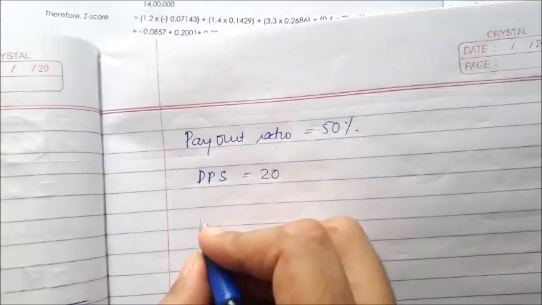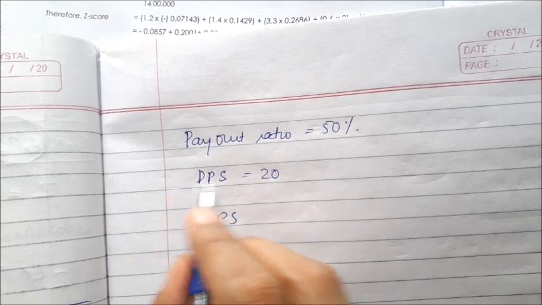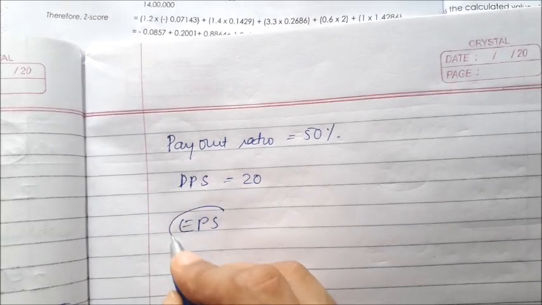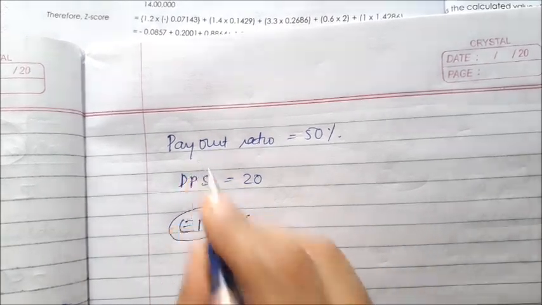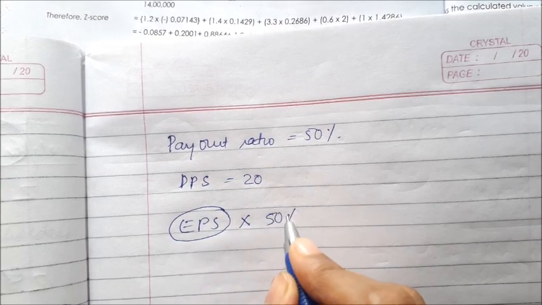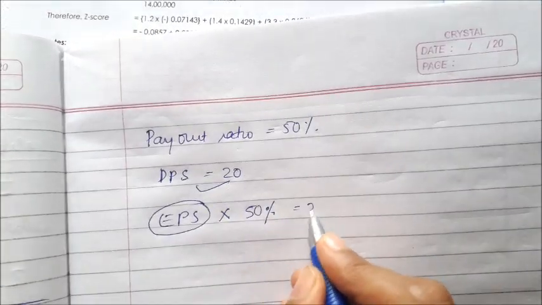The dividend is paid to a shareholder from the EPS, and the payout ratio is 50% of EPS, with the dividend given as 20.